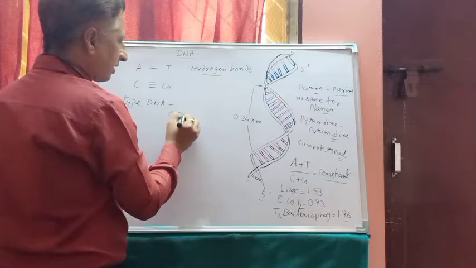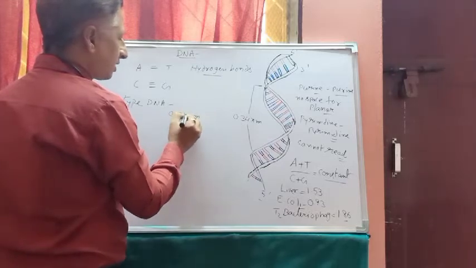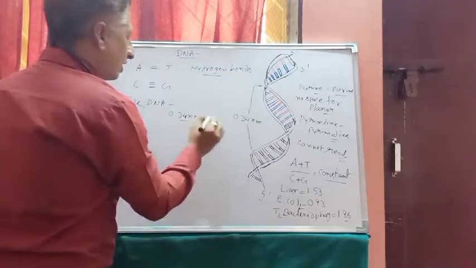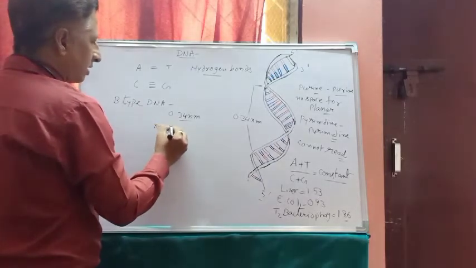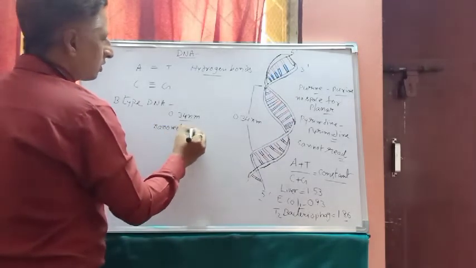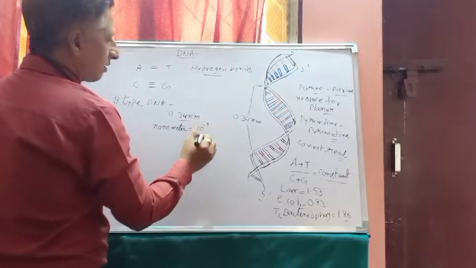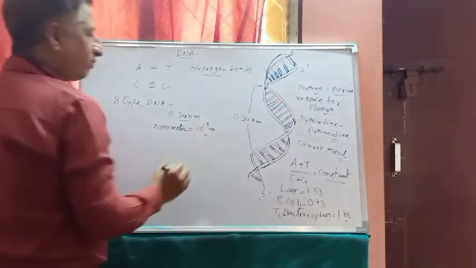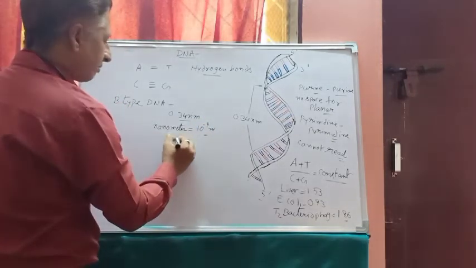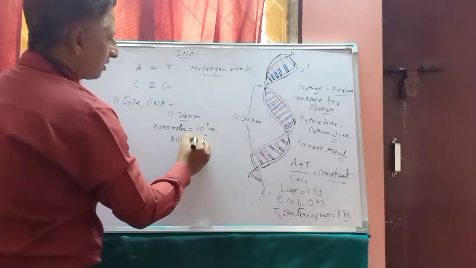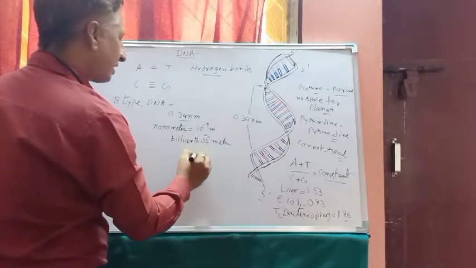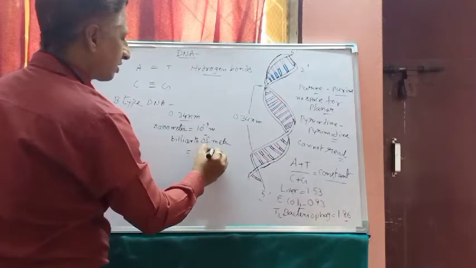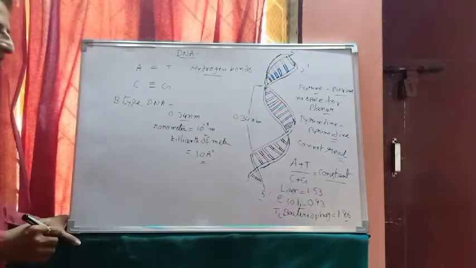What is a nanometer? 1 nanometer is equal to 10 power minus 9 meter. That is a billionth of a meter. So if you go for angstroms, 1 nm equals 10 angstroms.